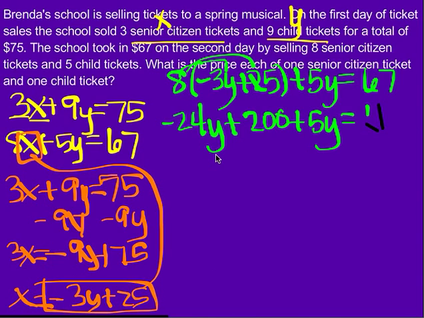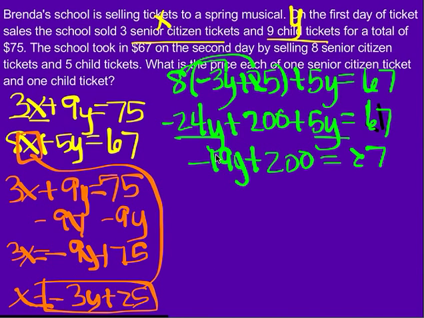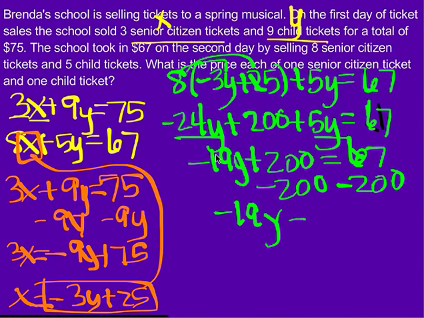So the first thing I want to do is combine these two. So negative 24 plus 5 is going to give me negative 19y plus 200 is equal to 67. So subtract 200 from both sides. And then I get negative 19y is equal to negative 133.